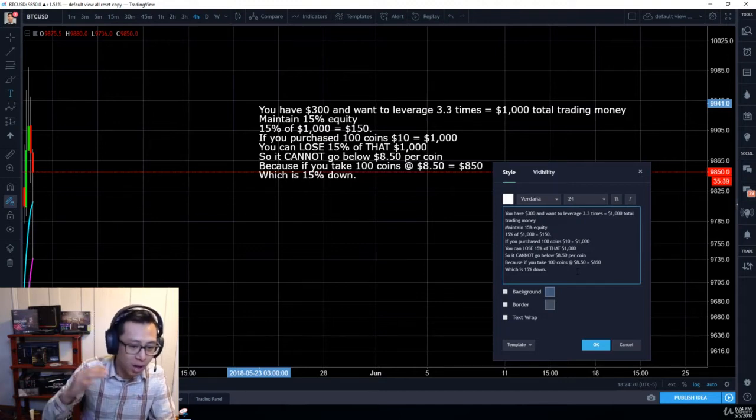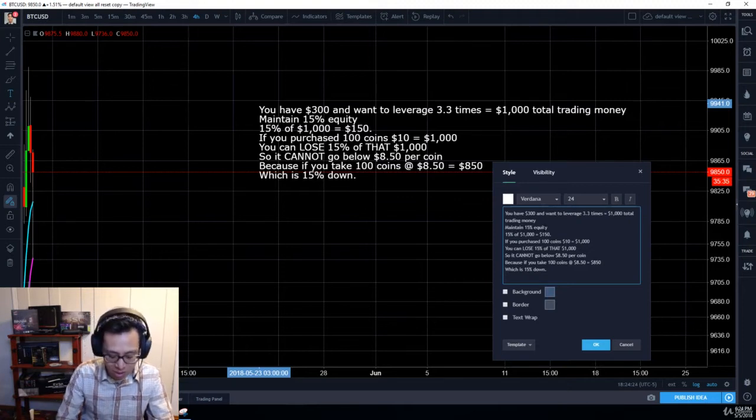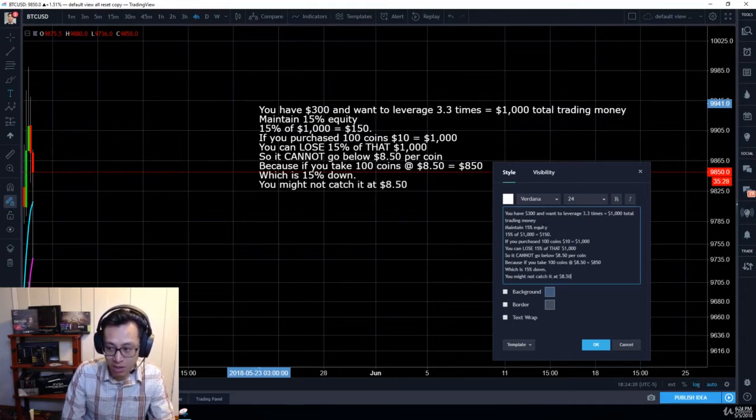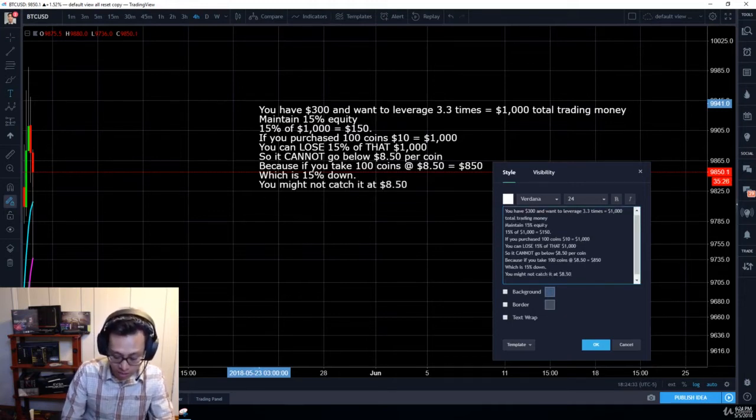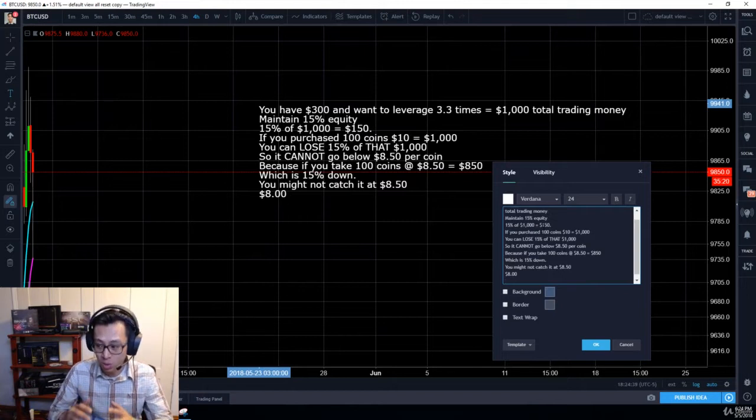But there might be a lot of people ahead of you, so you might not catch it at $8.50 exactly. In fact, you might end up catching it at $8 instead, because there's not enough liquidity in the order book for you to close your position.